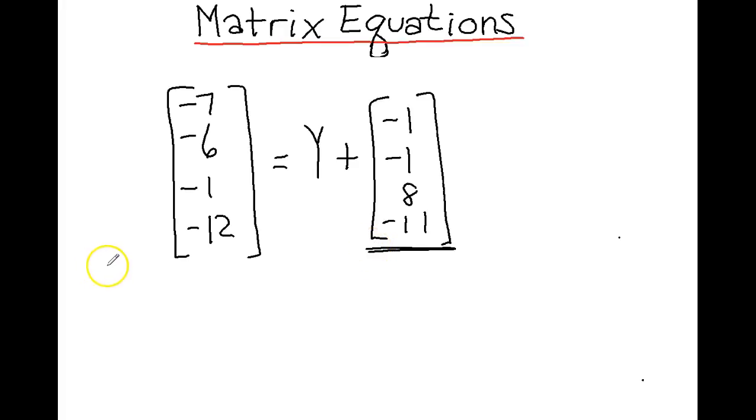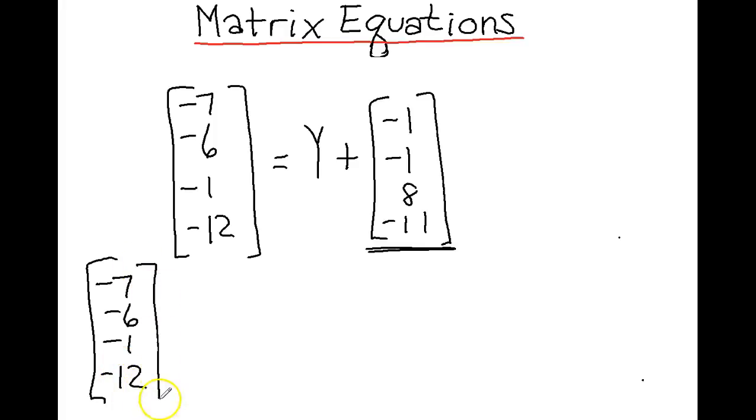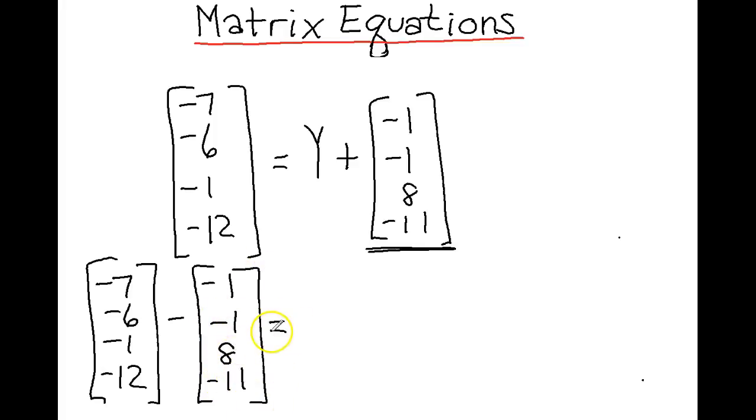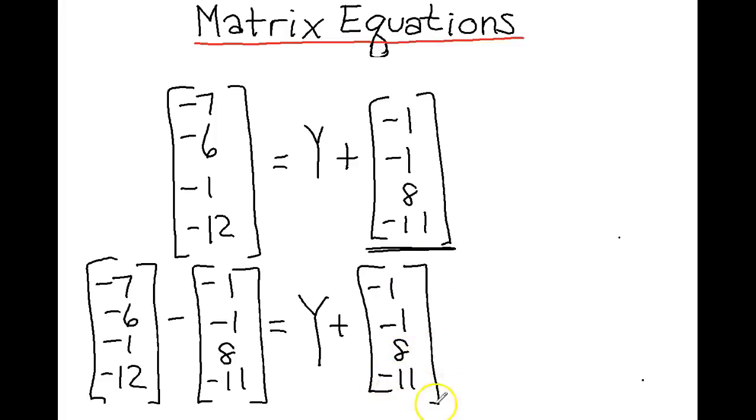So when I subtract this from both sides, it's going to look like -7, -6, -1, -12. Now I need to subtract that from both sides. And when I subtract it from this side, you will see that I'm going to be left with the identity matrix.